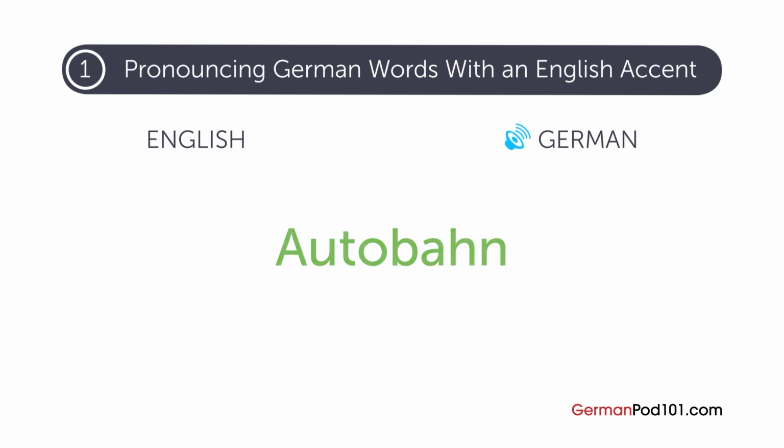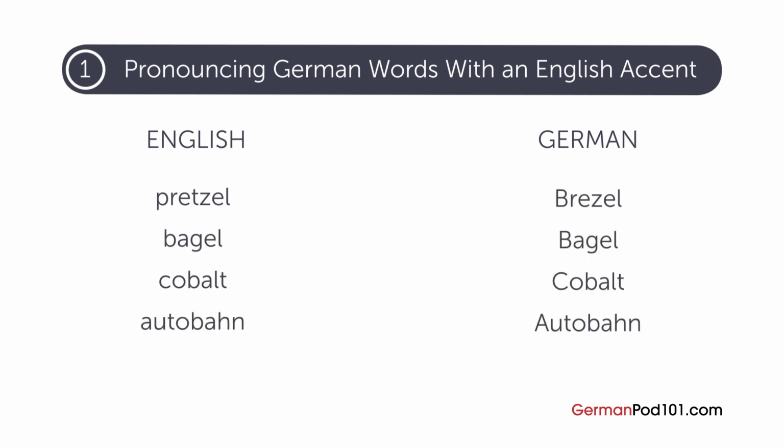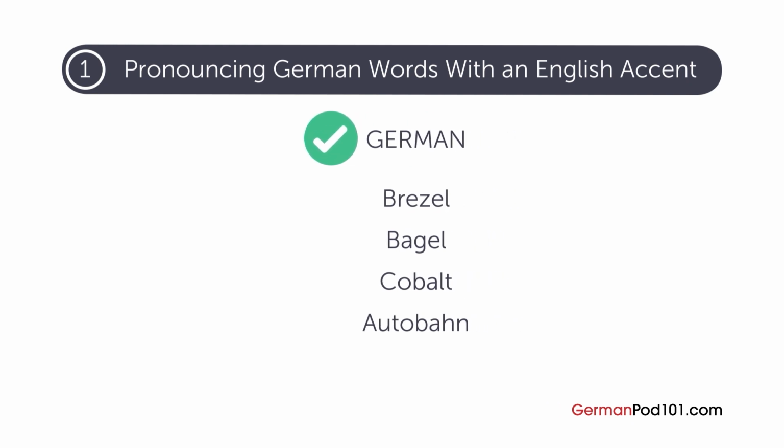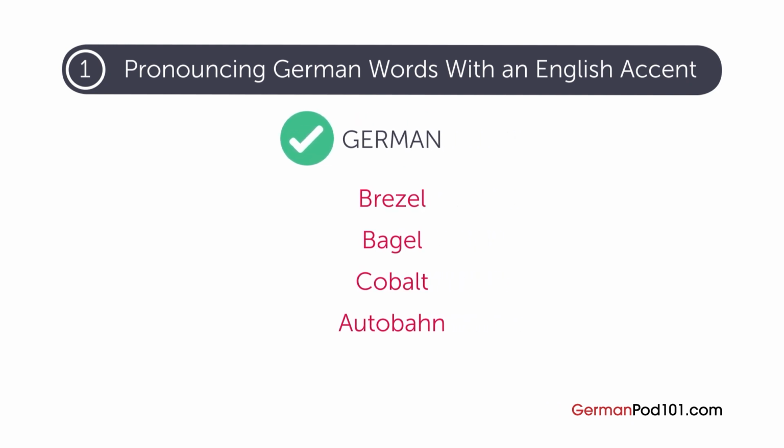Autobahn. The difference is quite obvious. Be sure to always pronounce words using German consonant and vowel sounds when speaking German. Get out of the habit of pronouncing these words as you would in English. While it may feel unnatural to say these words in a different manner than what you're used to, realize that it actually sounds more natural to native German listeners.